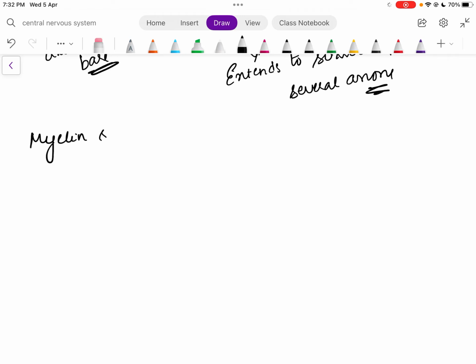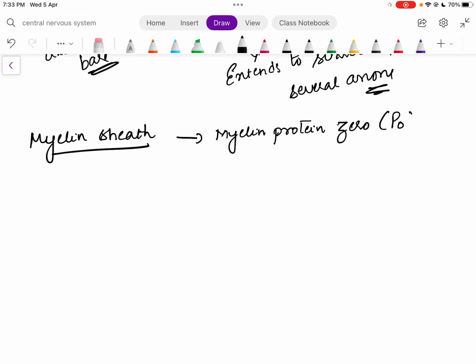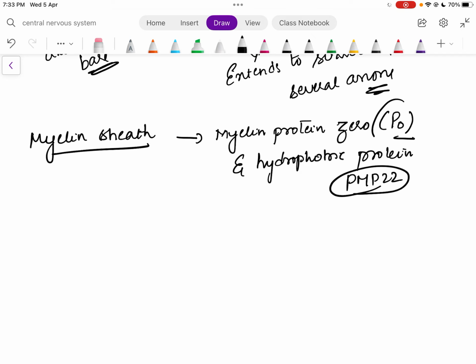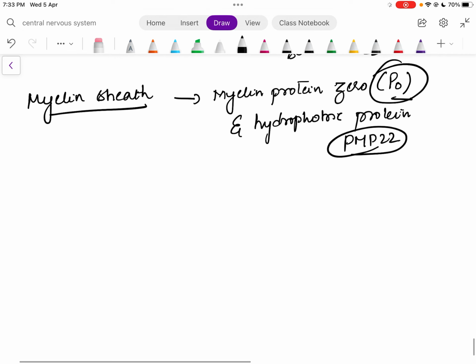And this myelin sheath will have proteins, and we have to know about two proteins: myelin protein zero, called P0, and a hydrophobic protein called PMP22. These two proteins are present on the myelin sheath.